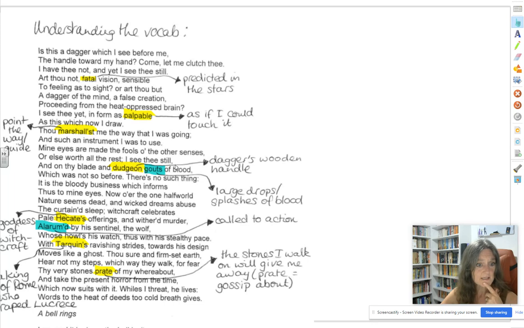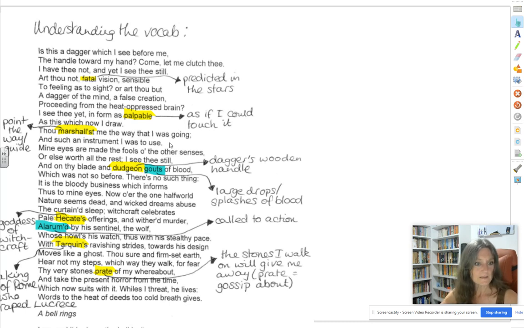He says, I see thee still, and on thy blade and dudgeon gouts of blood. The dudgeon is the dagger's wooden handle, and gouts of blood, which is a lovely, well, a lovely horrible word, the large drops or big splashes of blood he can see now on the blade of the dagger.